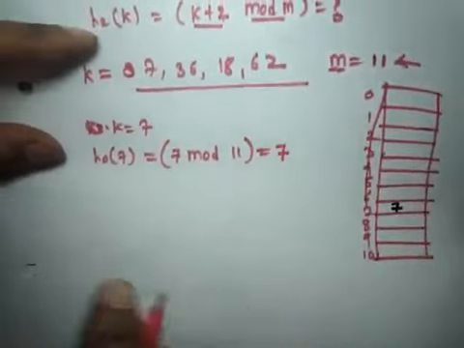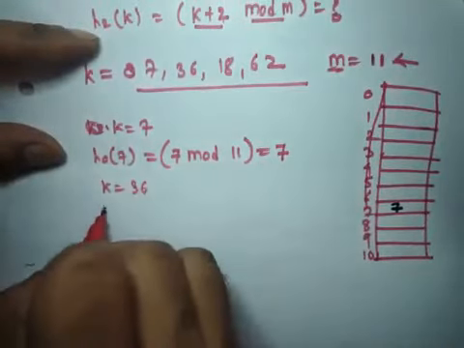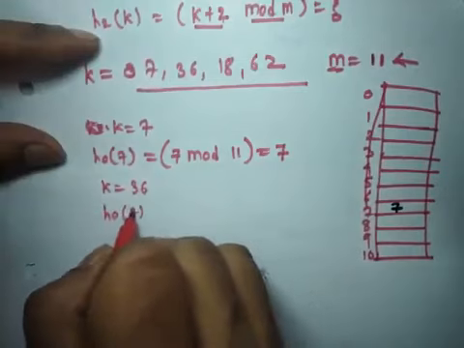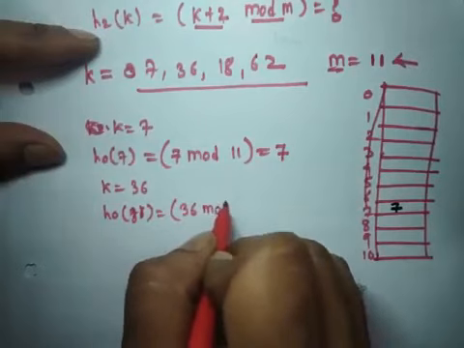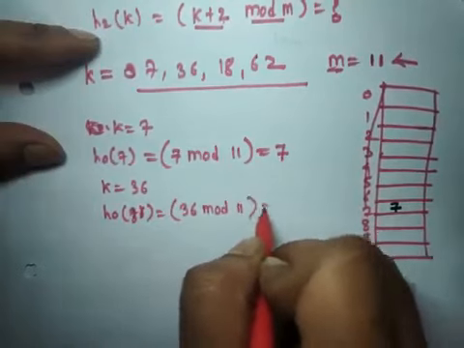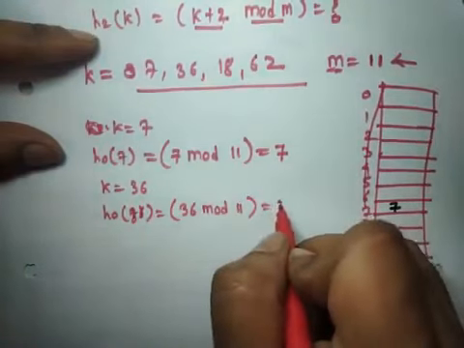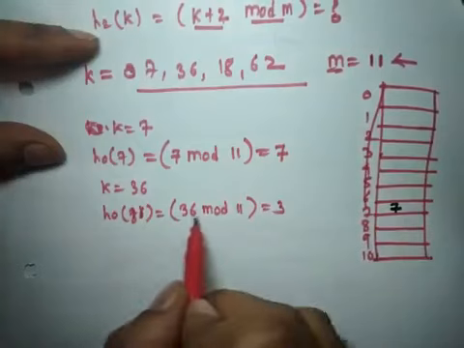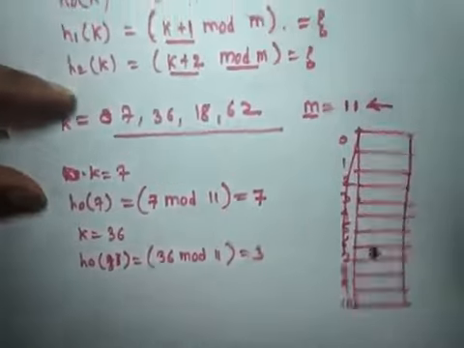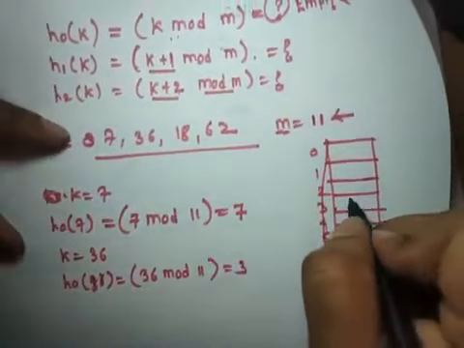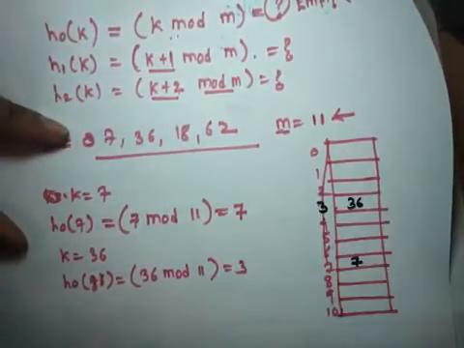Now the next key value is 36. h of 36 is 36 mod 11, which generates 3. So at index location 3 we store the element 36.